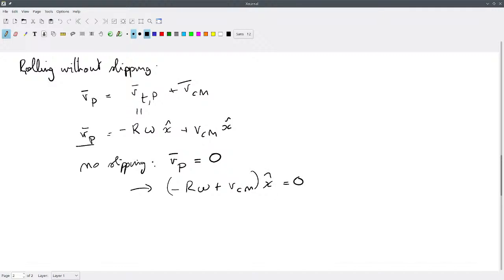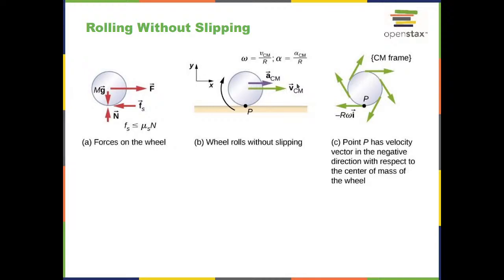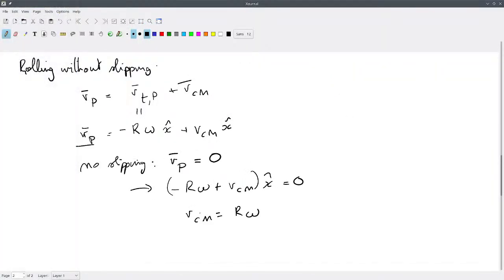And that in turn means that we can write Vcm as r times omega. That's not really a surprise, that the center of mass of the wheel has to move at r times omega in the case of no slipping, but this now formalizes that. So the center of mass velocity is r times omega.